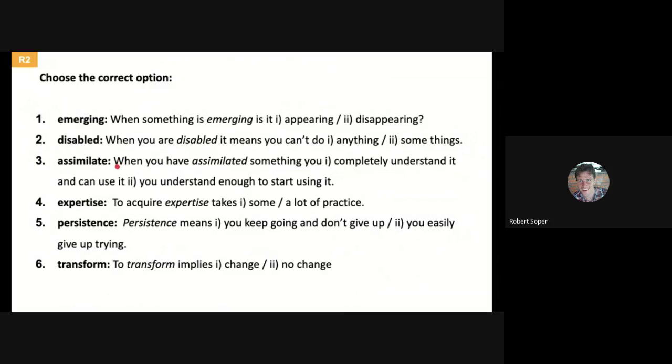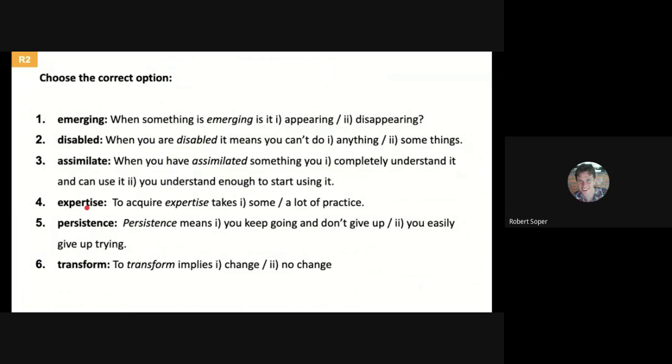When we assimilate something, it's a way of saying that we completely understand it. If you're only beginning to understand it, or you understand a little bit and start using it, we wouldn't describe that as assimilating something. To assimilate something is to completely understand it and use it in the appropriate way.